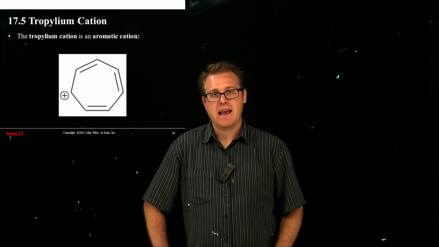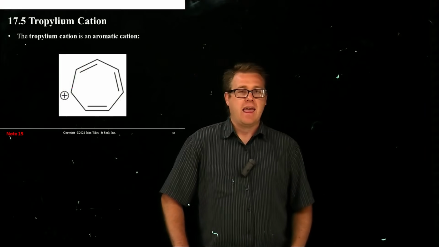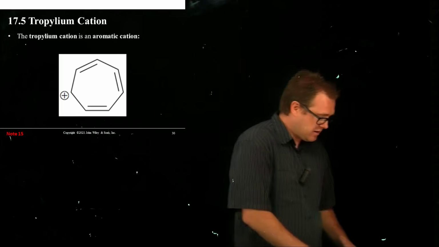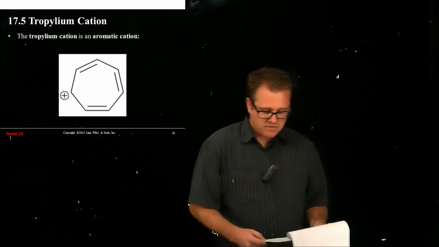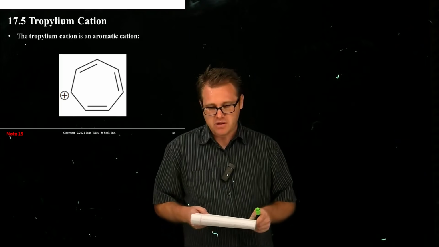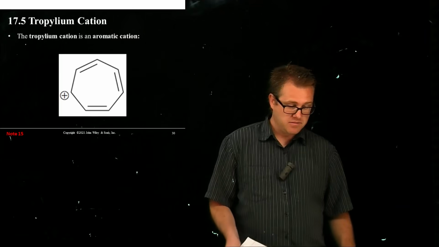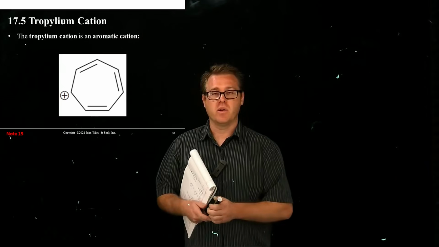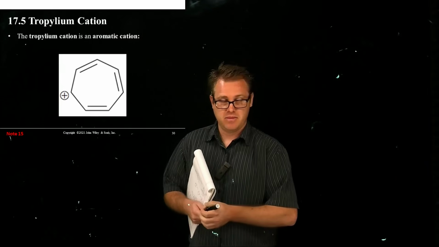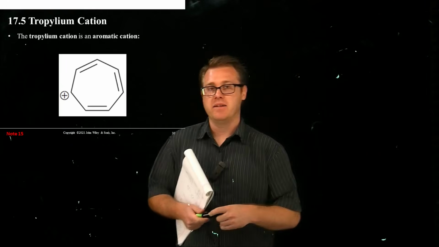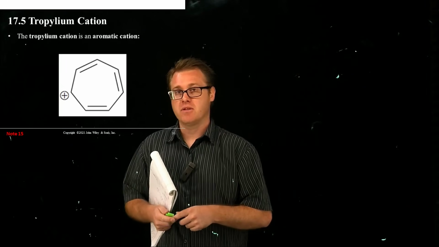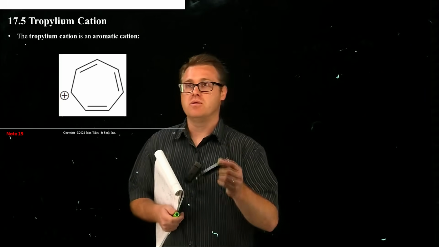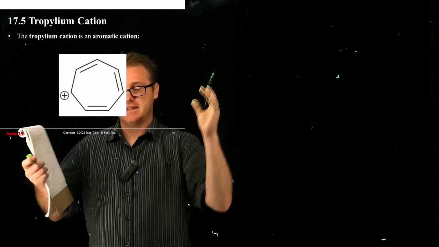This cation is aromatic, and this is a fun example right here. It's 7 carbons. So we already know from the start that it's going to be flat based off of Hückel's rules and my little minor rule. If it's 7 or less, and it follows the first rule, is it cyclic?